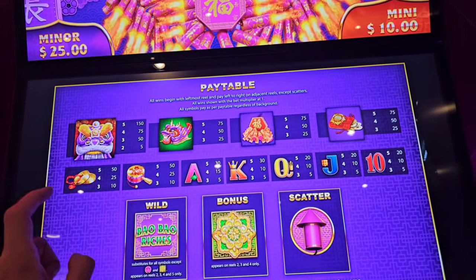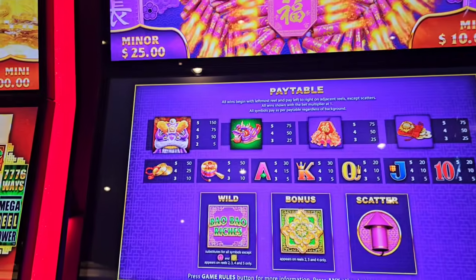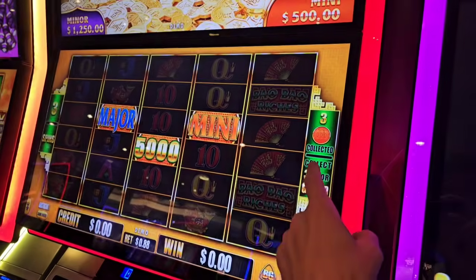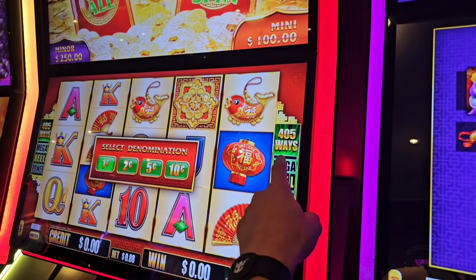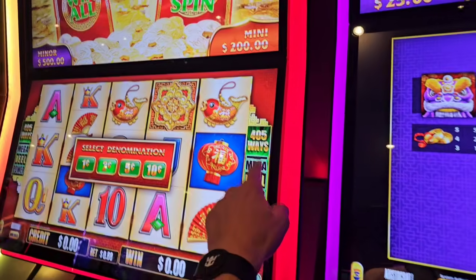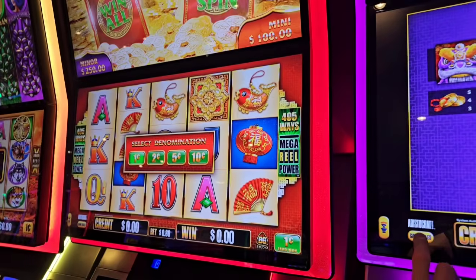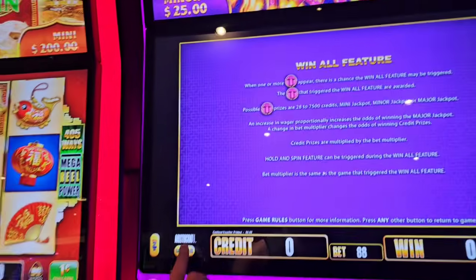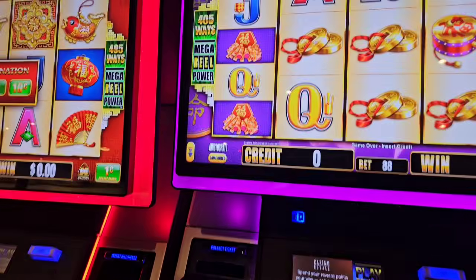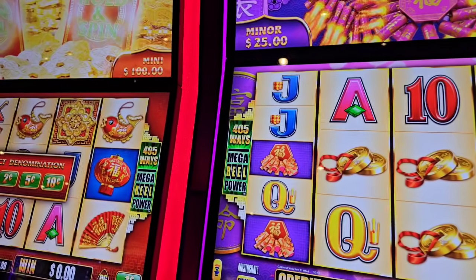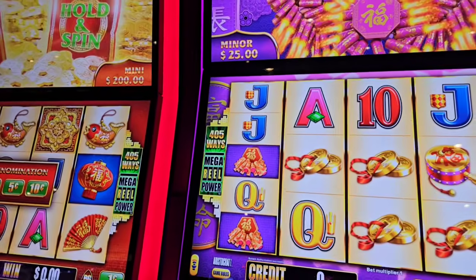So I just wanted to do a quick primer on reels versus ways. In general, ways, especially when they stack up and become something like when they were 405 ways, but they build all the way up to a much larger amount, like it showed here, for example, 7776.